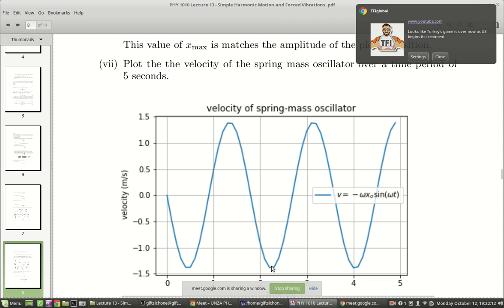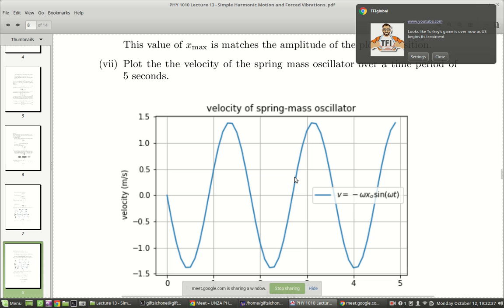Then as it goes beyond the equilibrium position to the other side, the mass starts stretching the spring, the spring becomes unhappy, the spring starts pulling the mass. The pulling of the mass by the spring reduces the velocity of the mass, the velocity becomes 0 until it stops on the other end. When it stops on the other end, the spring continues to pull the mass, so the velocity starts increasing.